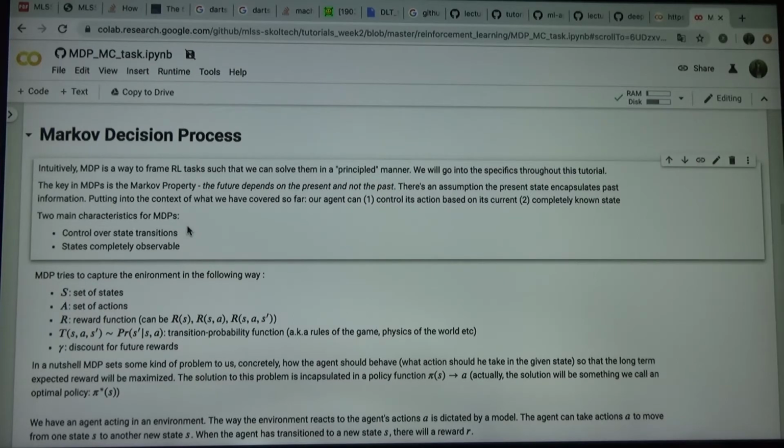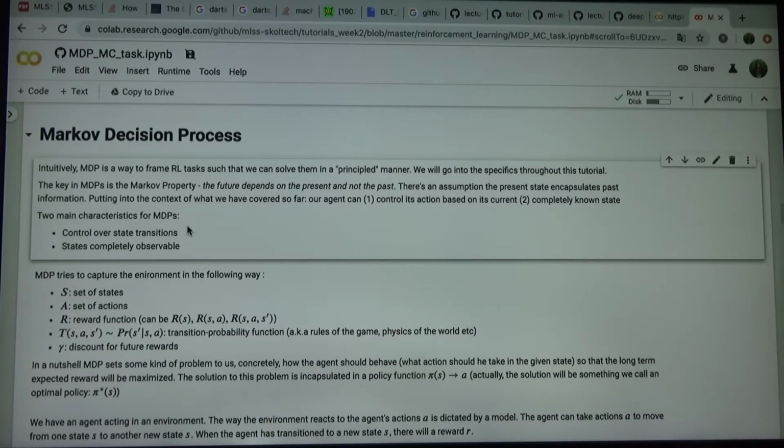So I hope from the lecture you got an idea what it is. But if you have forgotten, a small recap: a Markov decision process is a framework that allows us to encapsulate the world using some set of terms.